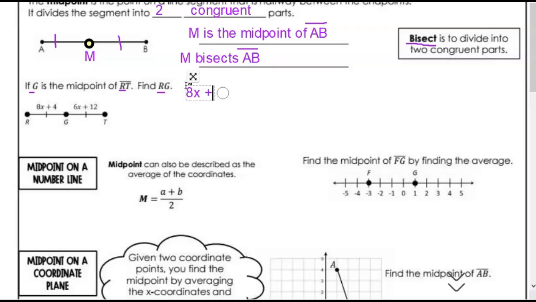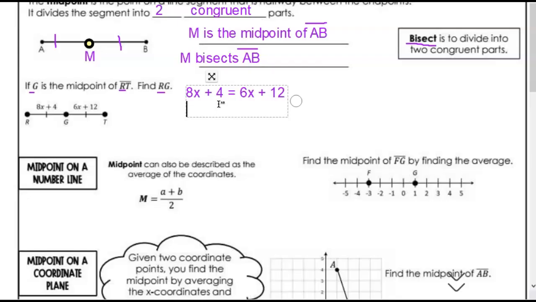So 8x plus 4 has to equal what? What's the other side? 6x plus 12. Okay, based on the tip I shared with you, where do we want to move the x's?